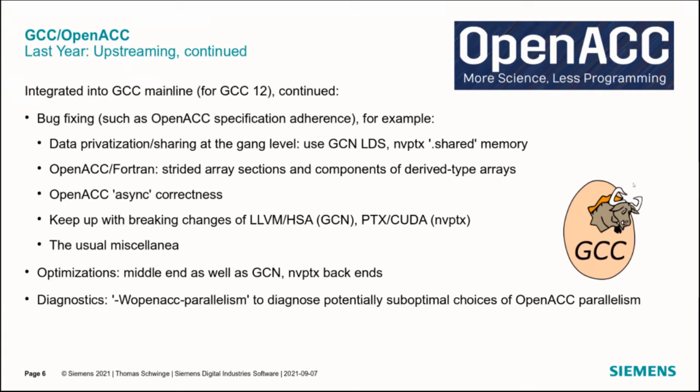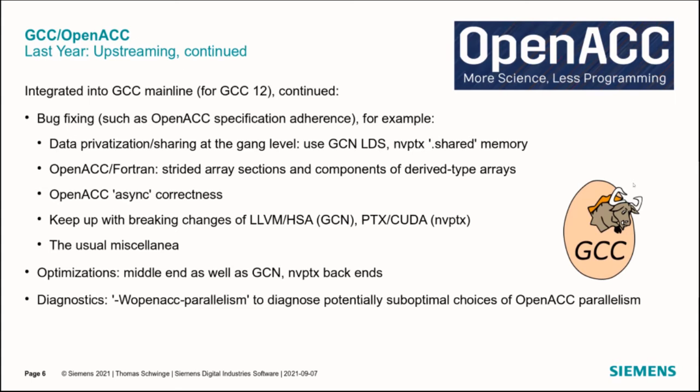We've done optimizations again in the GCC middle end general optimization passes, as well as the GCC backends for GCN and NVPTX. We've added diagnostic -Wopenacc-parallelism to diagnose potentially suboptimal choices of OpenACC parallelism.